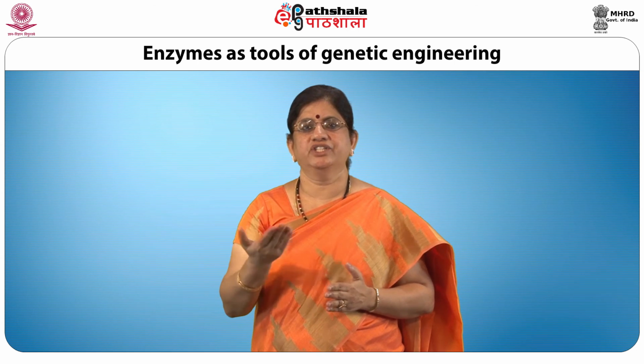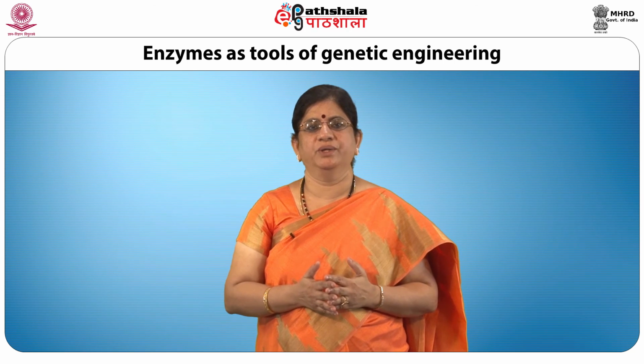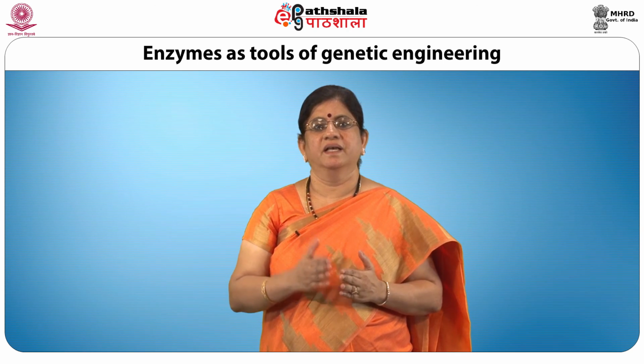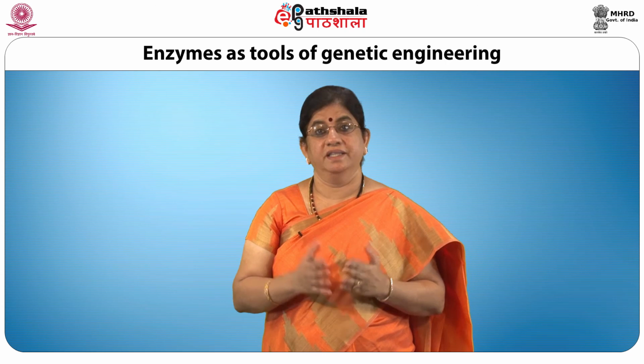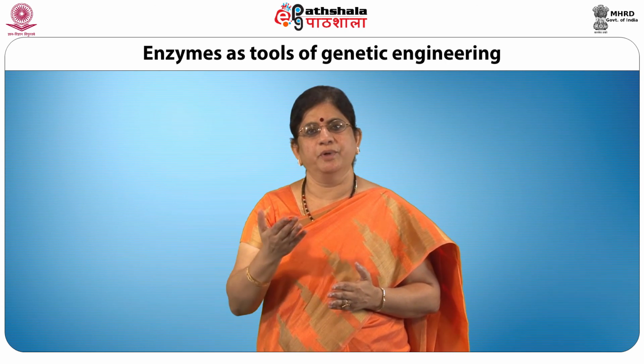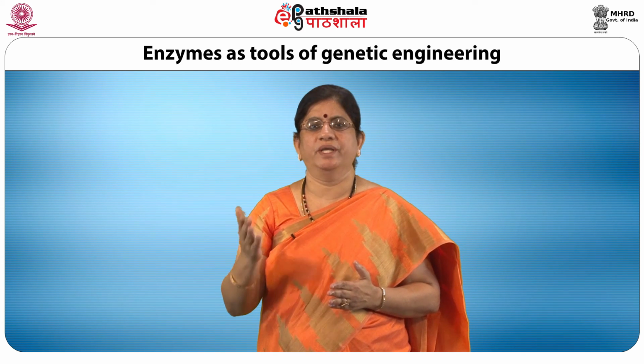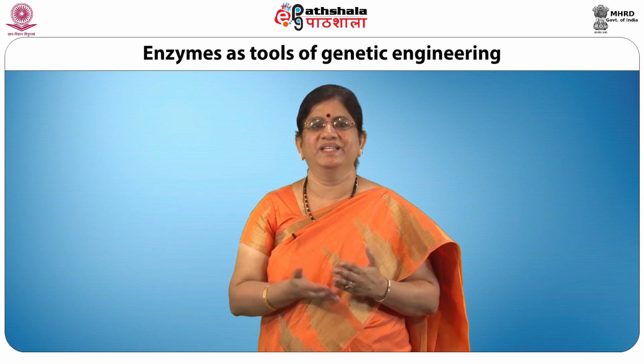Further, ligation, a process involved in forming recombinant DNA molecules by ligases, is also discussed. Therefore, this module would help you to understand the process of gene cloning, which we are going to see in the subsequent lessons. See you in the next class.